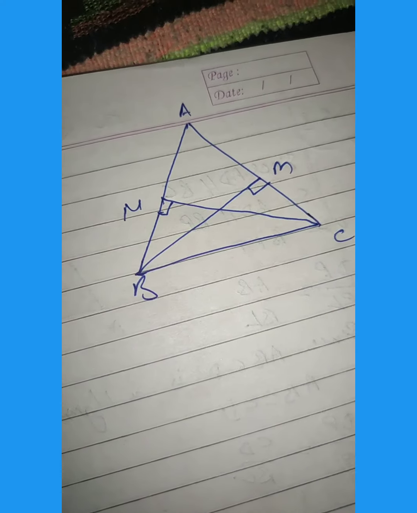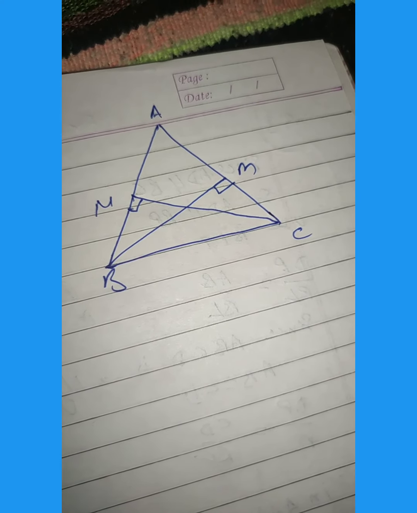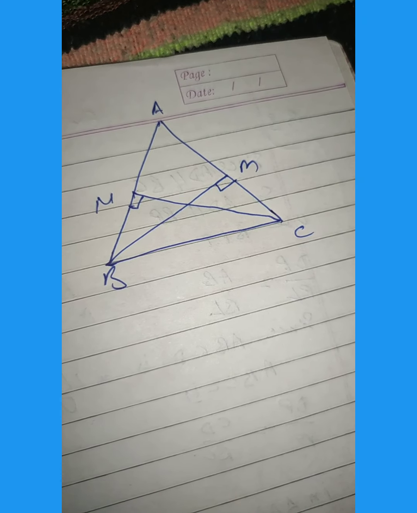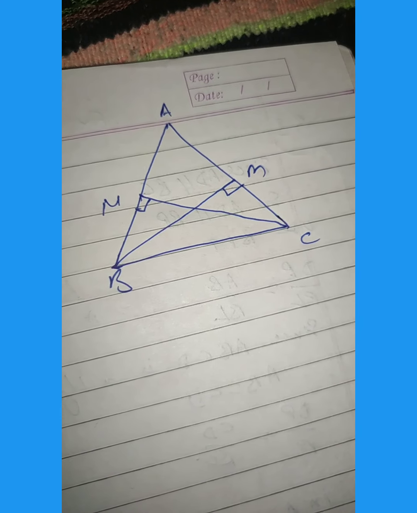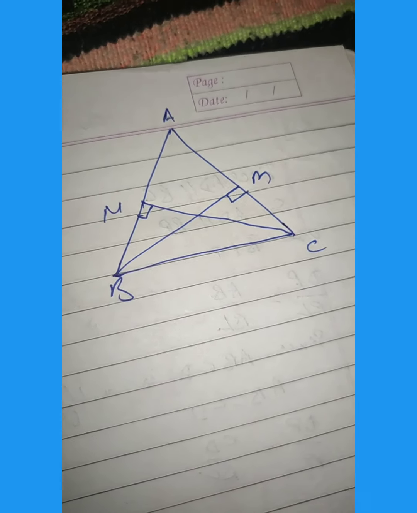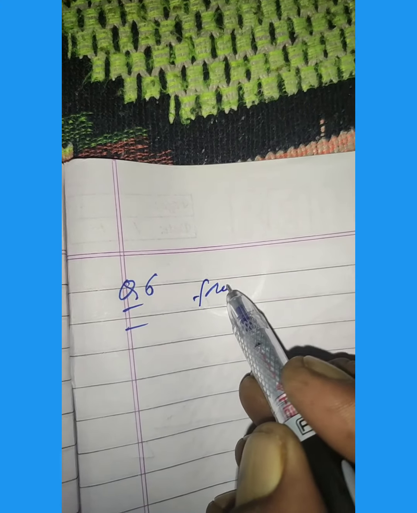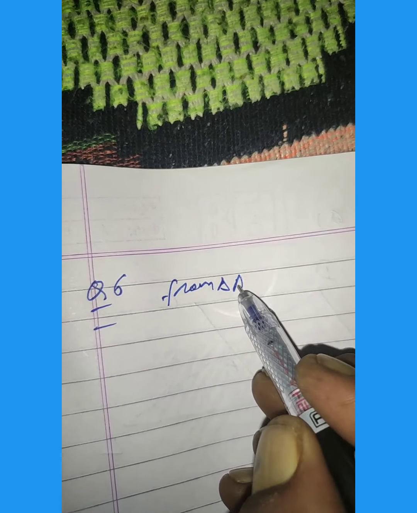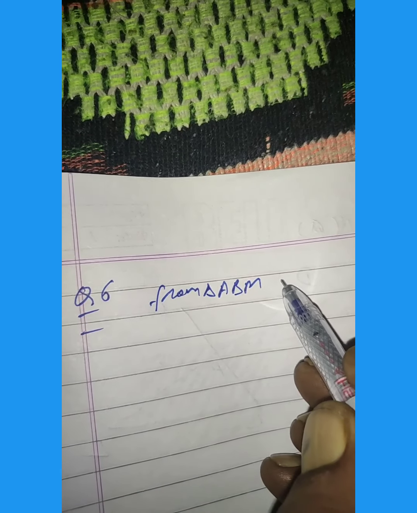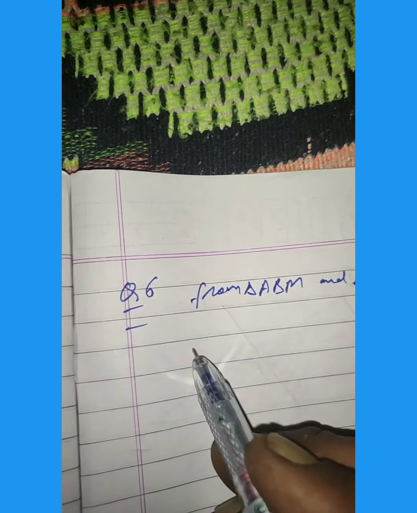Now question number 6. In triangle ABC, BM is perpendicular to AC, CN is perpendicular to AB. Show that AB over AC is equal to BM over CN is equal to AM over AN. So first of all choose triangle ABM and triangle ACN.